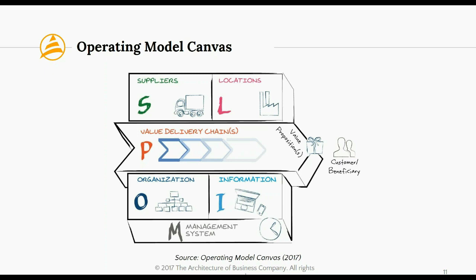Please note also that when we talk about the operating model canvas, it is the top 5 elements, which are suppliers, location, value delivery chain, organization, and information, which constitute the 5 core parts of the model. The management system is really a supporting element to link all those together.